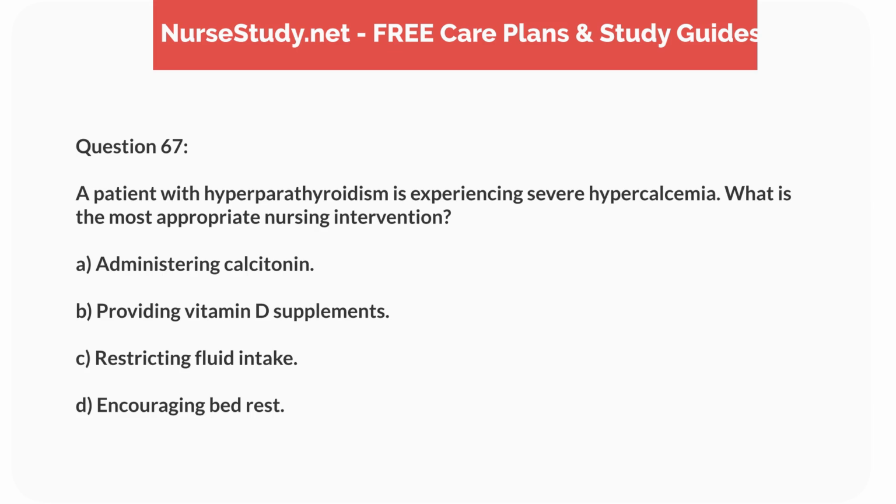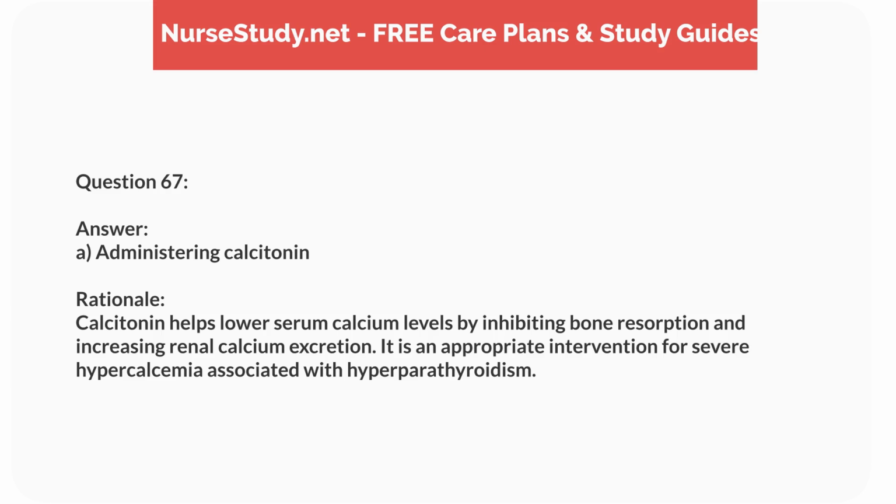D. Encouraging bed rest. Answer: A. Administering calcitonin. Rationale: calcitonin helps lower serum calcium levels by inhibiting bone resorption and increasing renal calcium excretion. It is an appropriate intervention for severe hypercalcemia associated with hyperparathyroidism.